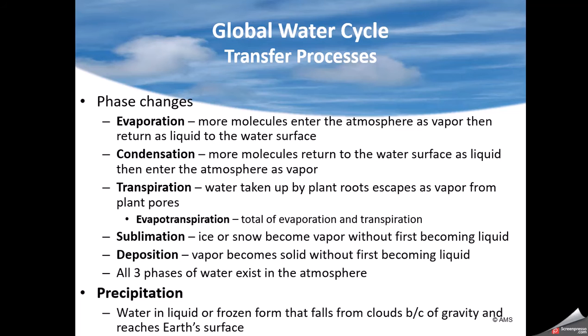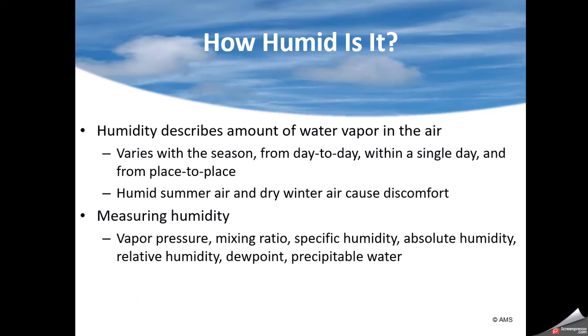Phase changes of water: the evaporation, condensation, transpiration out of plants, which is evapotranspiration combined, sublimation, ice or snow becoming vapor, and all that deposition back onto the ground where precipitation falls. All these change processes are what brings water into the atmosphere and out of the atmosphere. And they all have an impact on the weather.